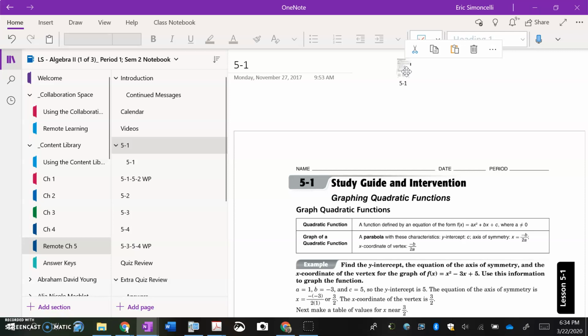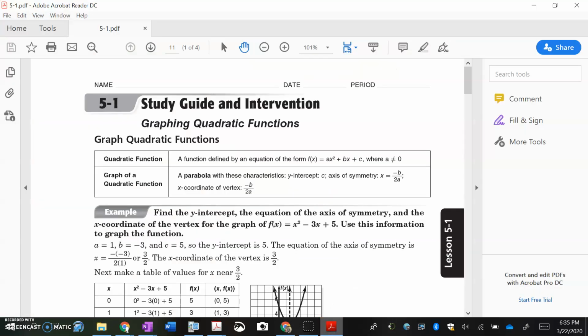You can do that in advance of the notes beginning, which is totally fine. You can obviously pause whenever you feel the need to. Just so you can see what that looks like, I'm going to open it up. It takes you to this PDF file, and again, you could print that off. You could even print it to OneNote so that you can write on it, although that's something we can set up for you separately.